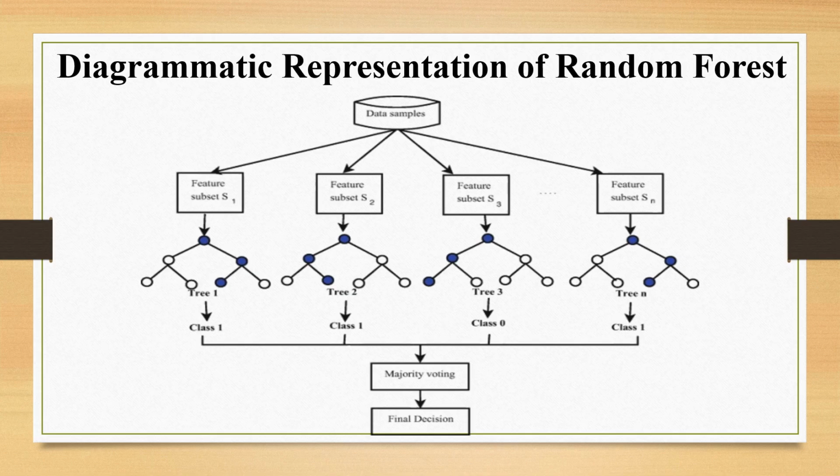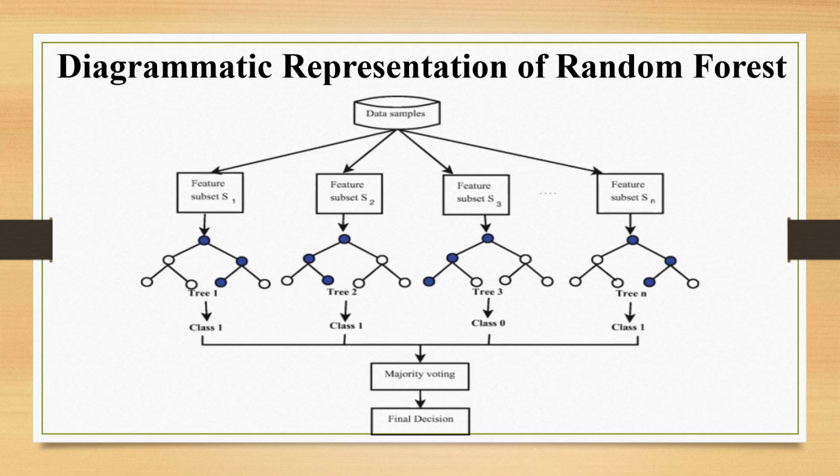The data set is divided into a number of subsets, which we consider as feature subsets, that is S1, S2, S3, etc. to Sn. These are then given to a number of decision trees, that is tree 1, tree 2, tree 3, etc. to tree n.